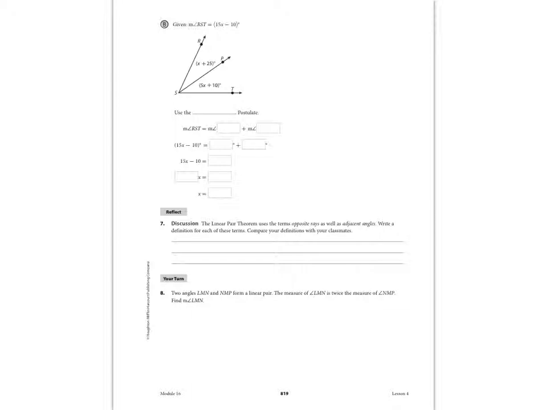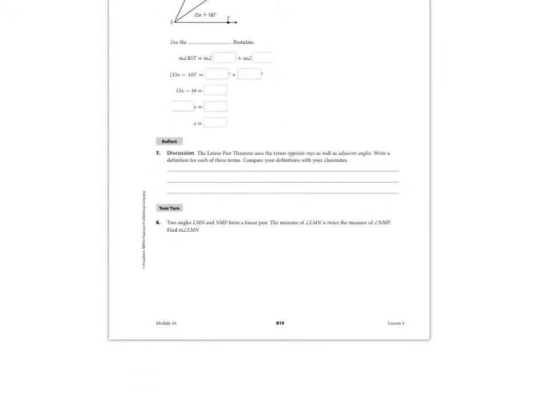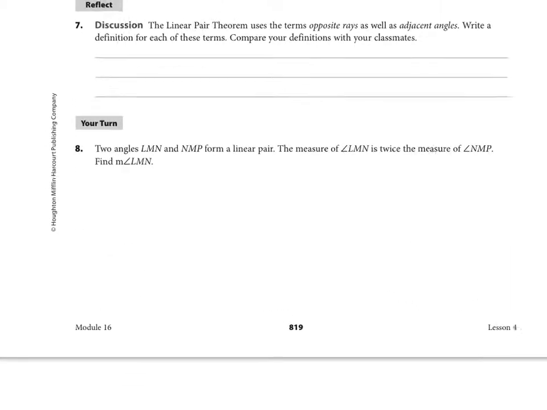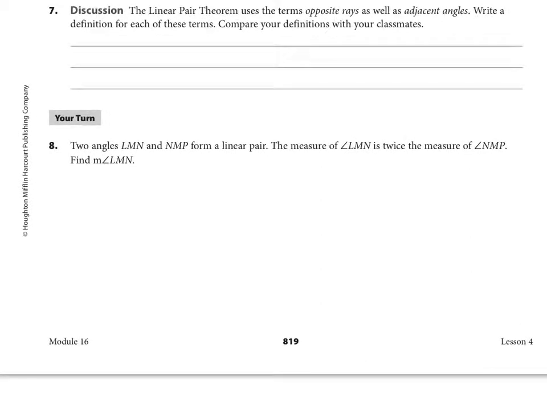Here at the bottom of page 819, let's try out this example. I definitely recommend you look at the previous examples on this page and the page before as well. But we have two angles, LMN and NMP. They form a linear pair, right? So that's important. Remember, you have to think about your definition of a linear pair and then also that linear pair theorem. The measure of LMN, I'm actually going to write this part down.